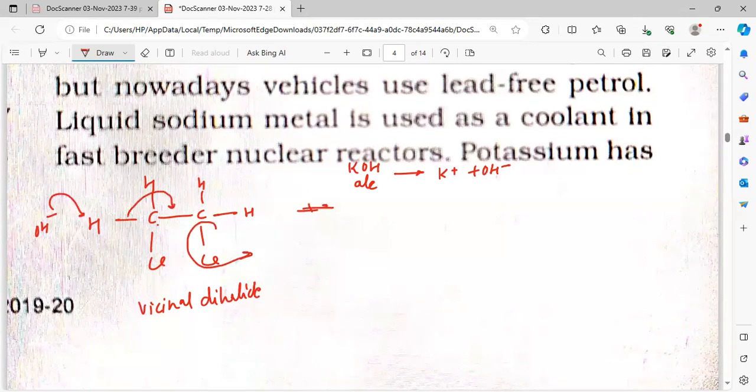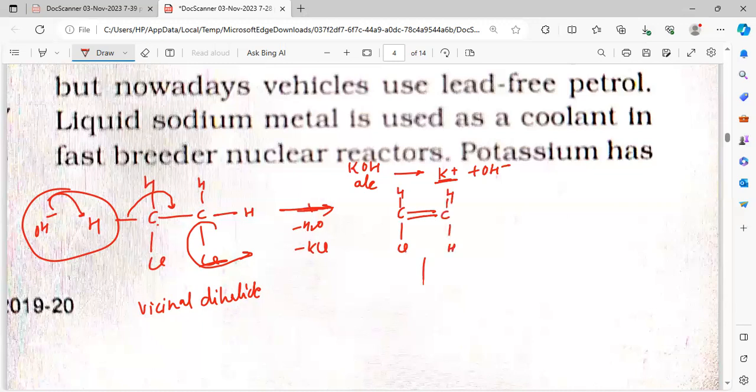So K and Cl go out, as H2O and KCl. Here you see the compound formed: H, Cl, double bond C, H, H. Now you treat it with sodamide, NaNH2, which we studied just now.